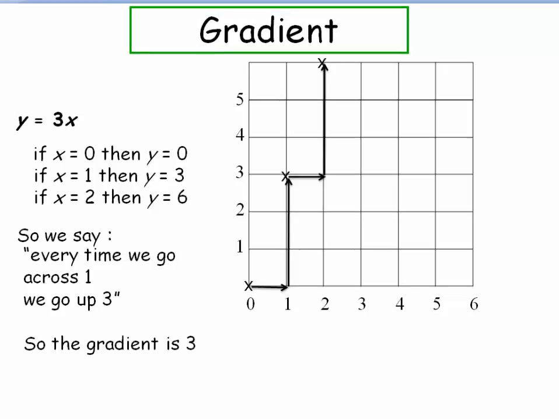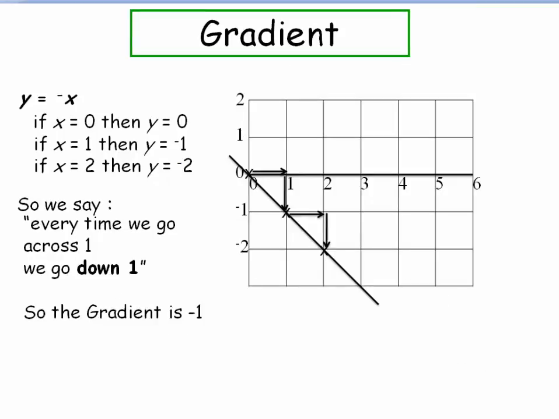Here we're showing how we get a gradient of 3. So it's 3 up, 1 across. So rise over run. Rise is 3, run is 1. So it's expressed like a fraction.